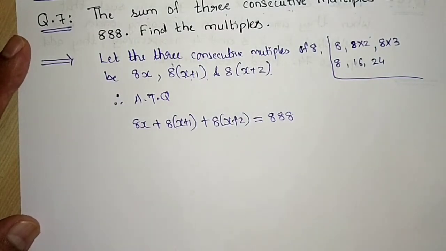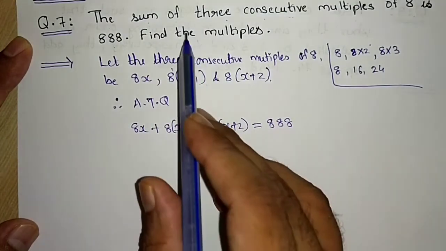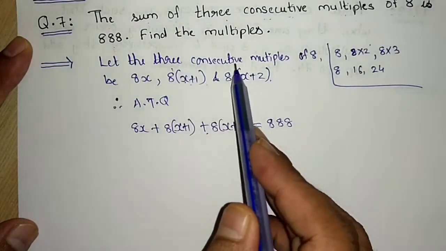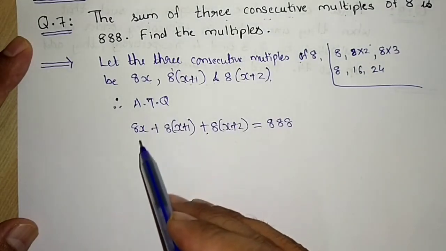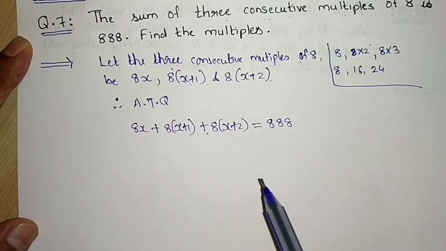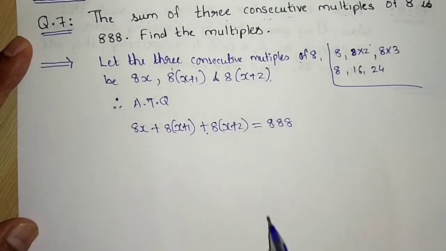Again, what have they told us? They told us the sum of what? Three consecutive multiples. So we have taken three consecutive multiples, and which are they? 8x, 8x plus 1 and 8x plus 2 is 888. So I have written 888.